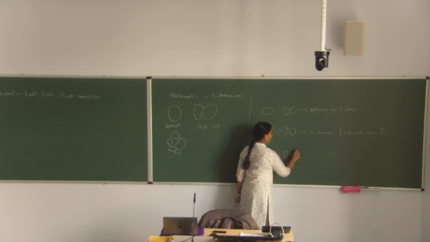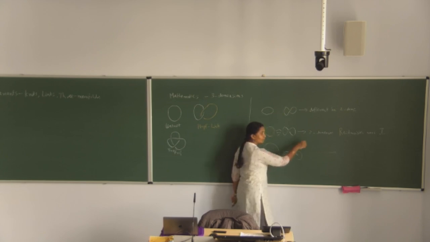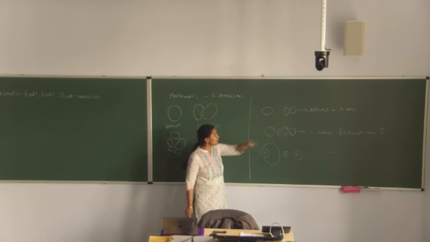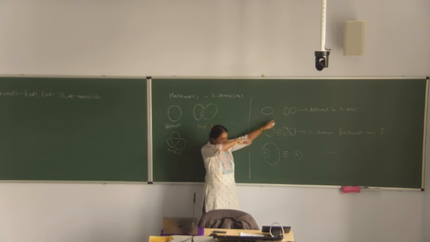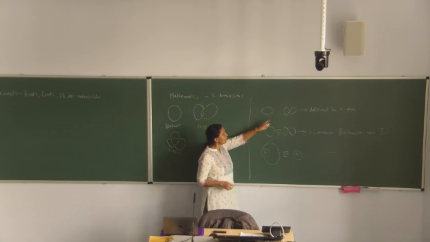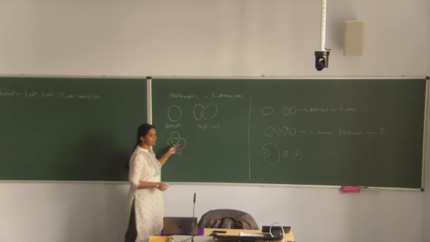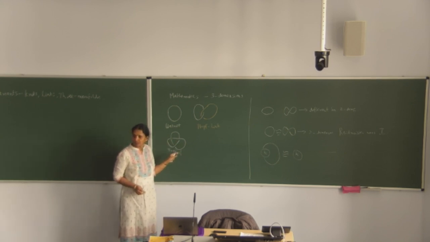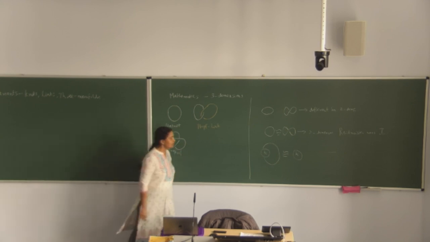If this is equivalent to, so I'm going to confine myself to 3 dimensions, not to 2 dimensions. And whatever I am going to draw on 2 dimensions will be a projection with overcrossing and undercrossing to take care that I am in 3 dimensions.